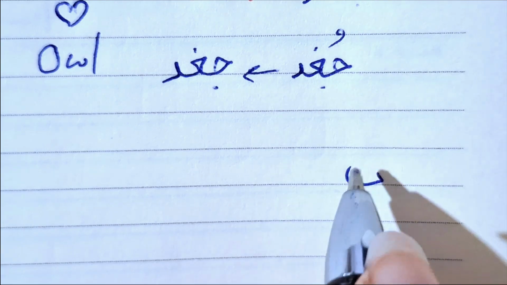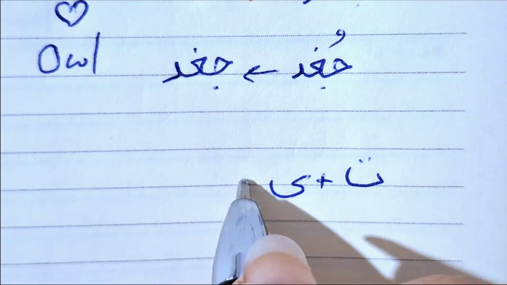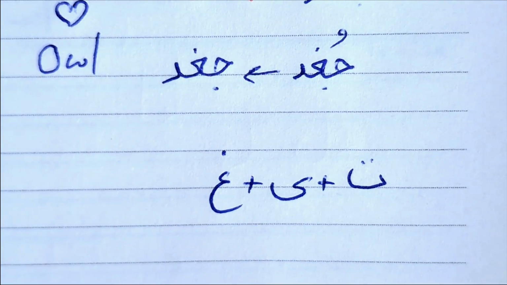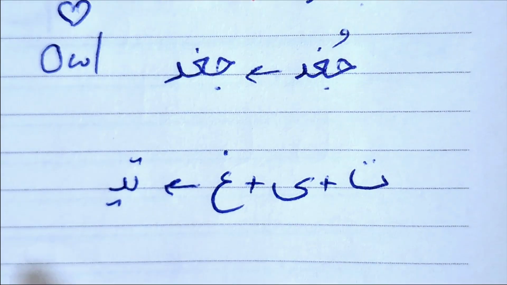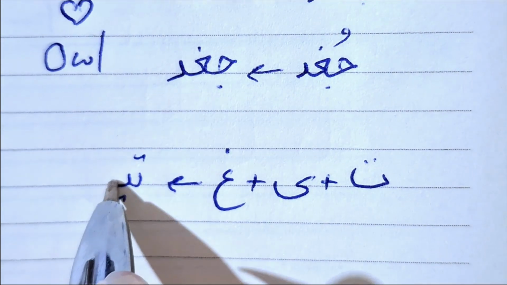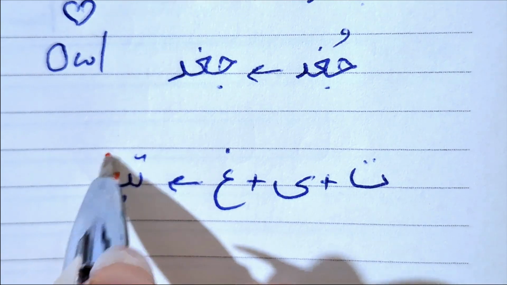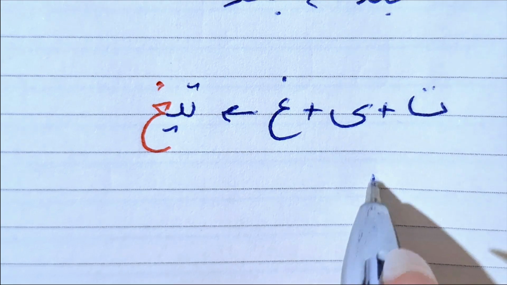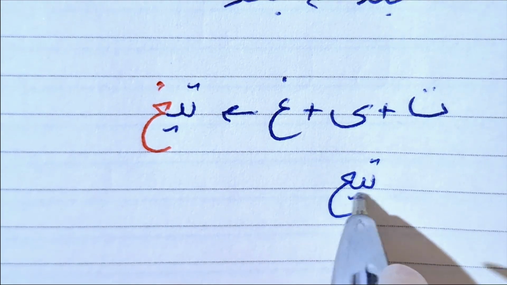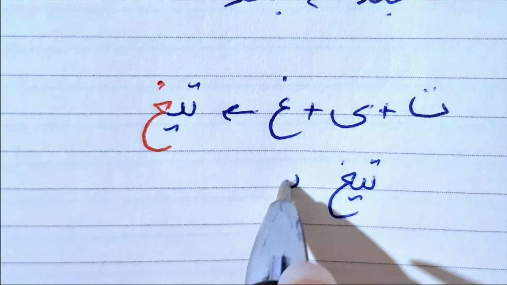T plus I plus G together, tigh. And please pay attention to how I write the sticking form of the final G. Tigh, and here is how I write it fast and fluent. Tigh, which means blade.